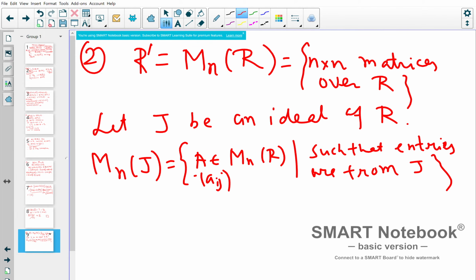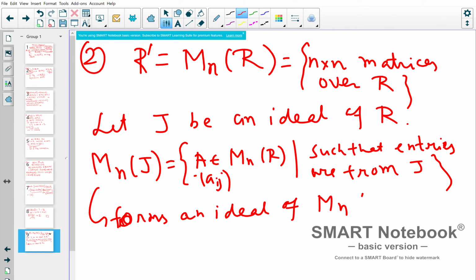J is the ideal of R. So now can you say that this is an ideal? So actually this is an ideal. So this forms an ideal of M_n(R). Okay, so M_n(J) is an ideal of M_n(R). This is a simple proof.